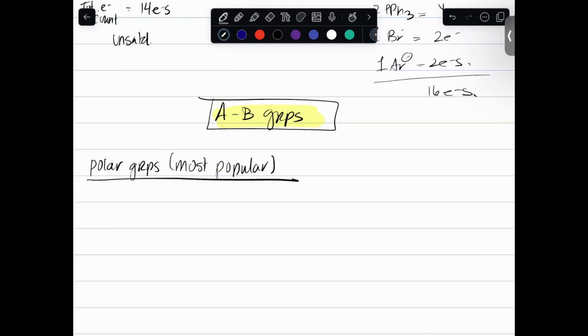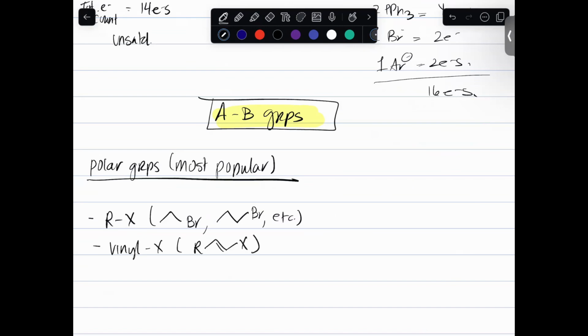Like I just mentioned, you can have alkyl halides, vinyl halides, and aryl halides, just like we did in our previous example.